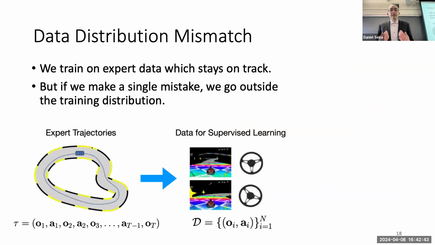So we have this data distribution mismatch, right? We train on expert data, which stayed on track. But if you make a single mistake, you go outside the training data distribution. You can think of this as an expert trajectory. A very common notation is to use tau. So tau would be observation 1, action 1, observation 2, action 2, and so on.